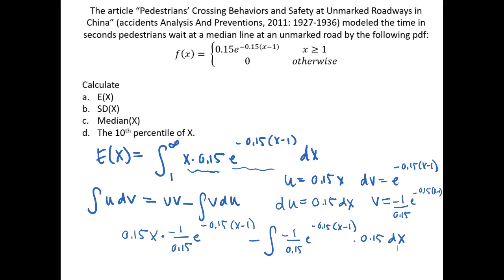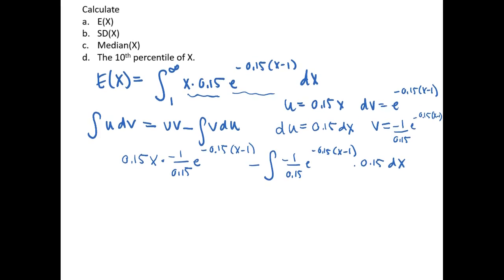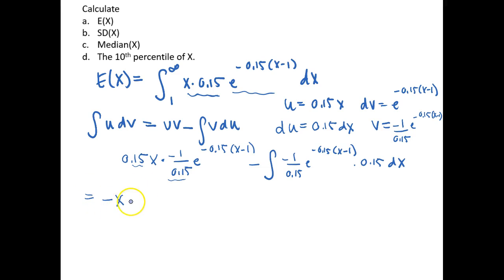Let's clean this up a little bit. These two 0.15s cancel each other out, and we get the first expression to be equal to negative x e to the negative 0.15 x minus 1 minus the integration, minus a negative, these cancel as well, of e to the negative 0.15 x minus 1 dx.